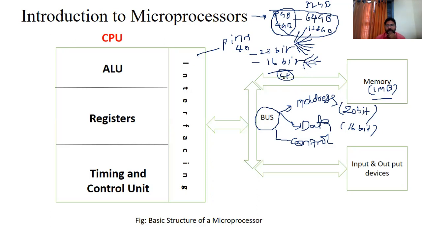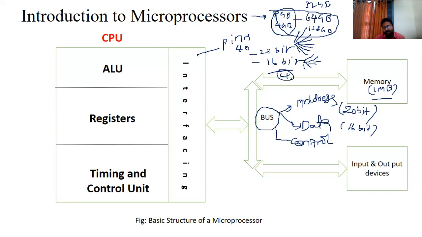Can you understand this? So that's why we discuss the size: a 20-bit address. You could increase it to more than 20 lines, but where are the pins?